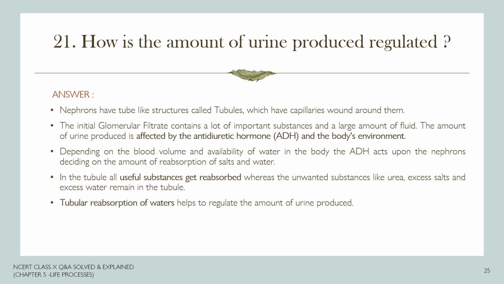How is the amount of urine produced regulated? So urine production, as we have seen, happens in the nephrons, and initial glomerular filtrate contains a large amount of fluid and salts.